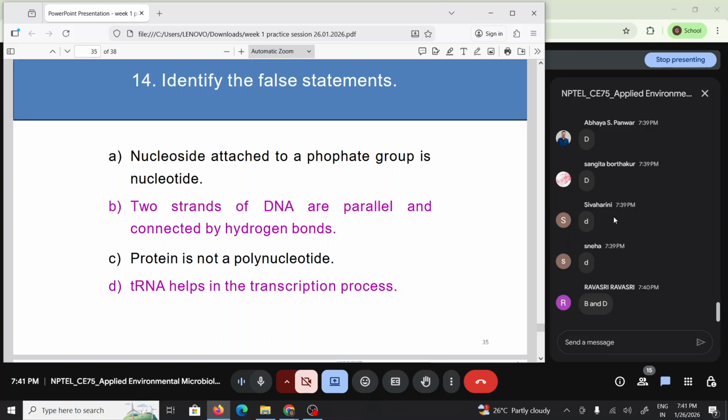That was absolutely right. And Avashri, if I'm pronouncing your name correctly, could you tell why B is also false? Or anyone else, if you can identify it now.